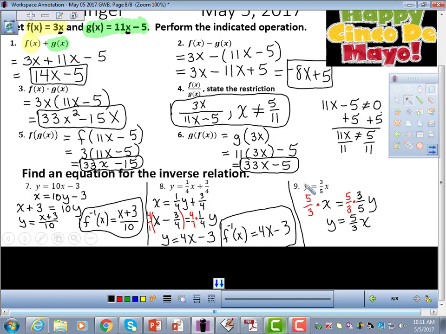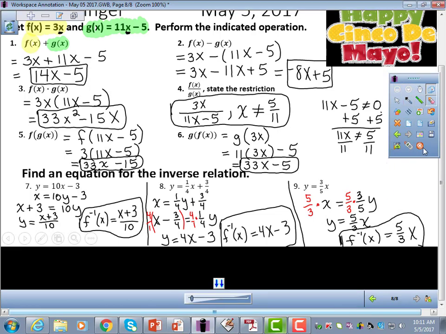Now the original is a function. The inverse is a function. So you use your function notation. F negative 1 of x is equal to 5 over 3 x. And that is it. Okay?